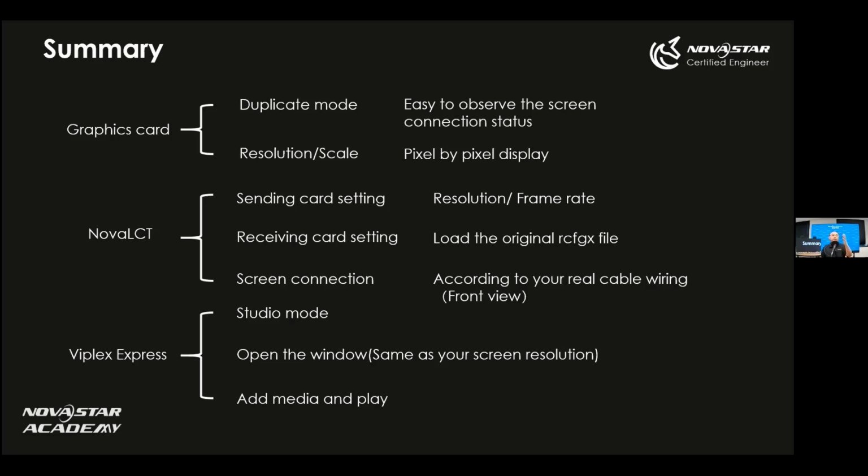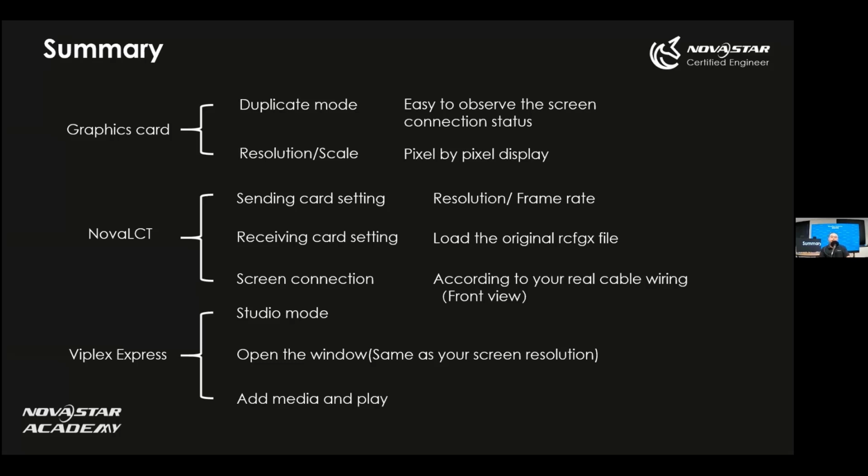And after the sending card settings and the receiving card settings, the screen connection is very important. And standing in front of your screen is the thing you need to build up in your mind, the front view. After this, your screen can show the image. Then we need to use the Viplex Express to show the image if you use a computer to provide a video source.